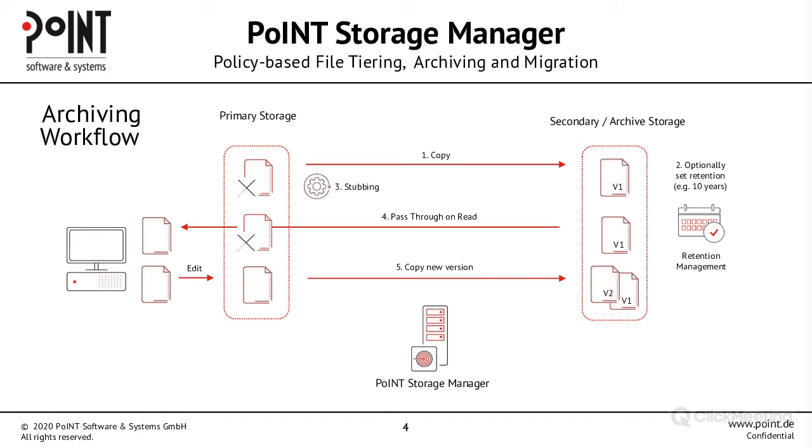And if the user changes a file, it is stored on the primary storage with all its modifications, and the original file in the archive remains untouched. And then when the changed file has aged or matches the rules again, it will be archived with the next archiving job, and a new file version will be created in the archive.